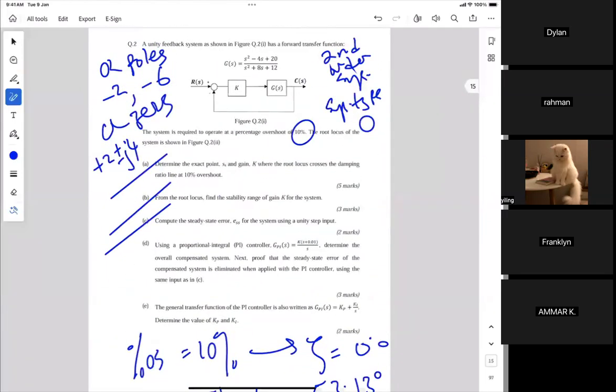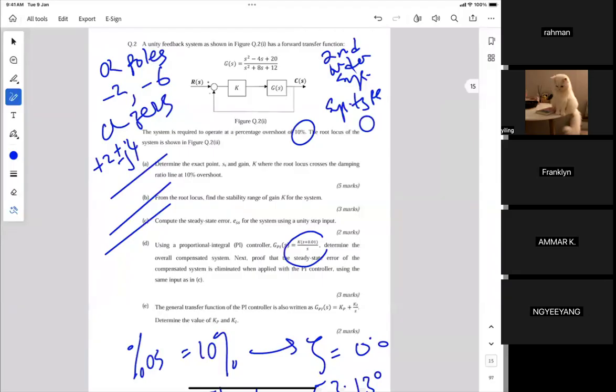So use the PI controller here. Oh, macam tadi. Okay. Using a PI controller, determine the overall compensated system. Okay, same. Next, prove that the steady state error of the compensated system is eliminated when applying the PI controller using the unit step input.